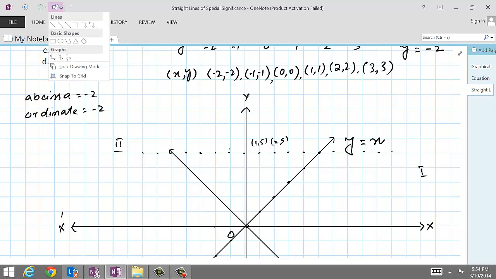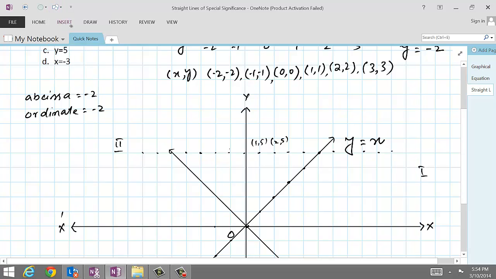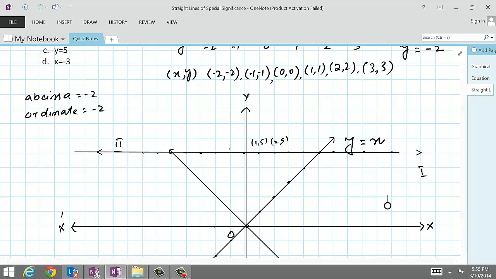Therefore, if we draw a line through these points, that will be like this, and it will continue to go on either side. Let's write down its equation, y equal to 5. So this is the line y is equal to 5. If y is equal to 4, then this will be 4 units above the x-axis.